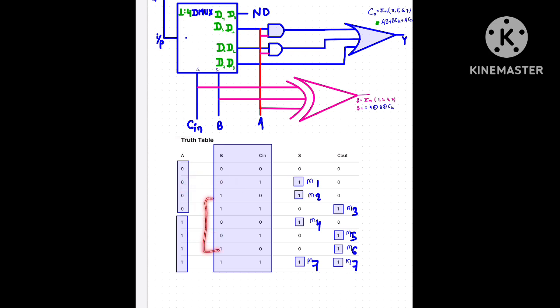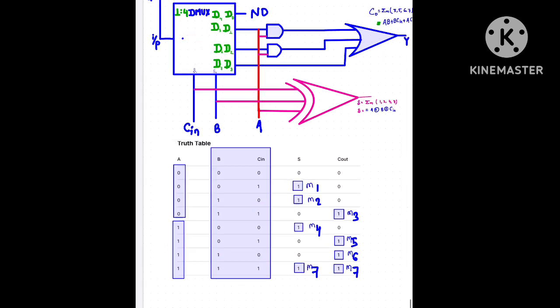Similarly, we see in these two cases 1 and 0, 1 and 0. So we put 1 and 0 here, and it will connect here. It will read the data lines D2 and D6. The decision is based on how we give the input A, whether 1 or 0.